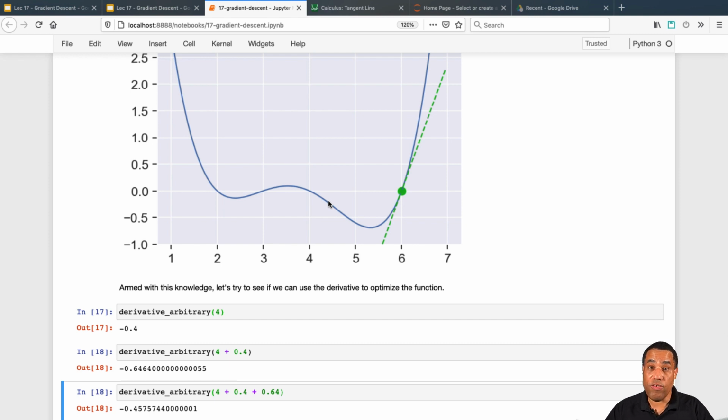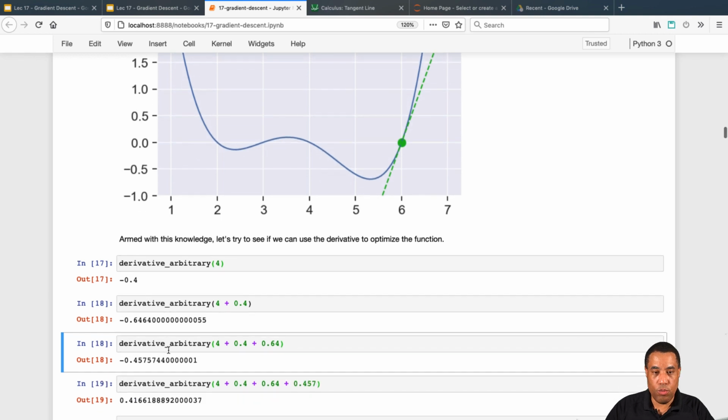We see now the derivative is negative 0.6464. All right, so what this is telling us is you can see the slope here is greater, and we need to move over even more. All right, so we'll move over to what's effectively just over 5.